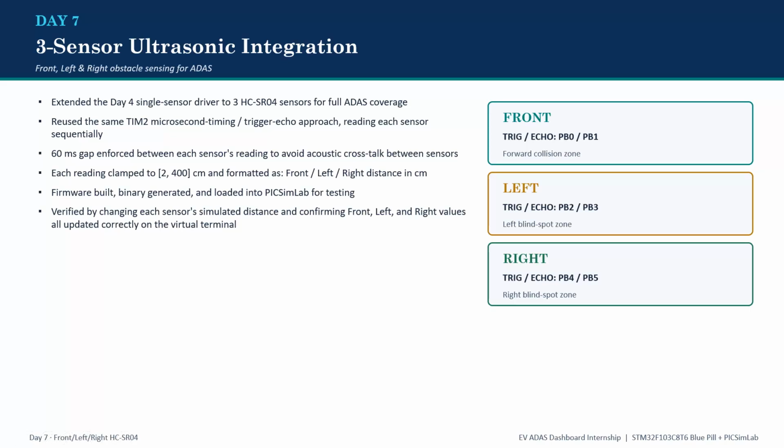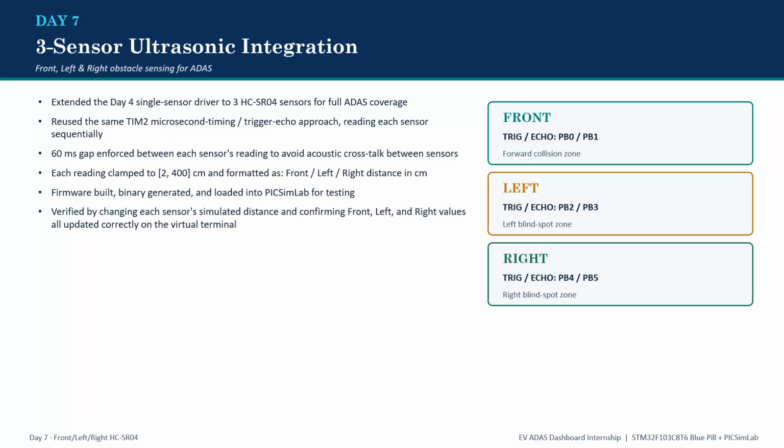The front sensor's trigger and echo pins are PB0, PB1. The left sensor uses PB2 for trigger, PB3 for echo, and the right sensor uses PB4 for trigger and PB5 for echo. I used the exact same timer 2 microsecond timing approach from day 4, just extended it to read all 3 sensors one after the other with a 60 millisecond gap between each reading to avoid acoustic crosstalk between the sensors, meaning one sensor's echo doesn't get picked up by another.